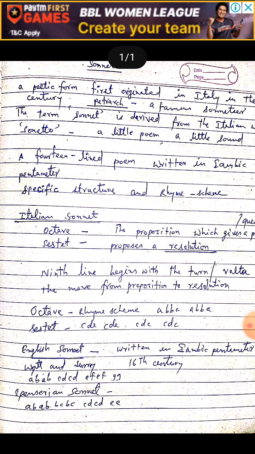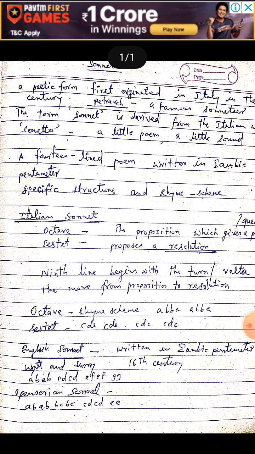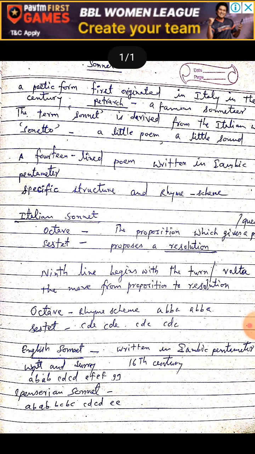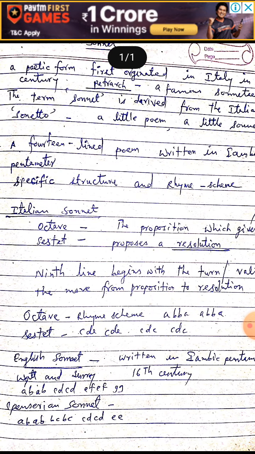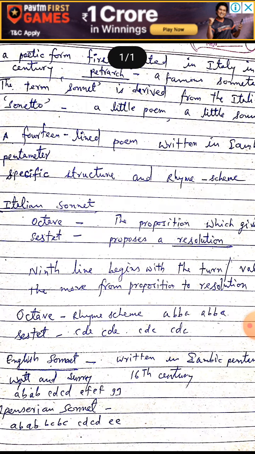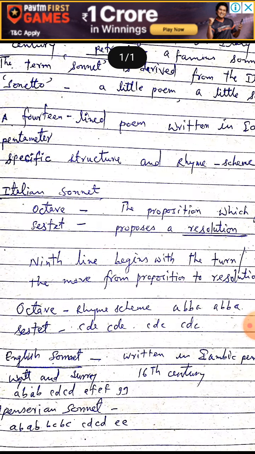In Italian sonnet, there were two parts, octave and sestet, while in the English sonnet, the sonnet is divided into three quatrains. Each quatrain includes 4 lines, and these three quatrains are followed by a couplet.